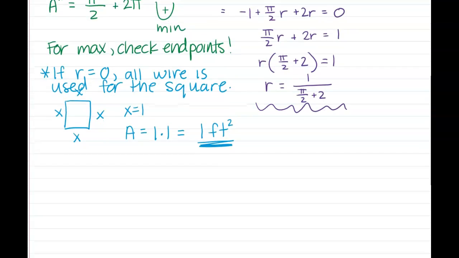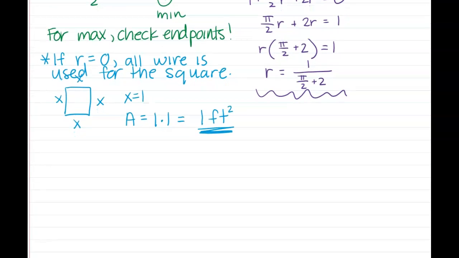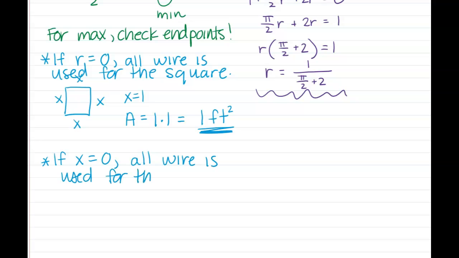Okay, now let's check the other endpoint. What if we use everything for the circle? So if x equals 0, all wire is used for the circle. So then our circle is like this. So what that means is that the circumference 2 pi r is going to be equal to 4. So that means the radius would be 4 over 2 pi.